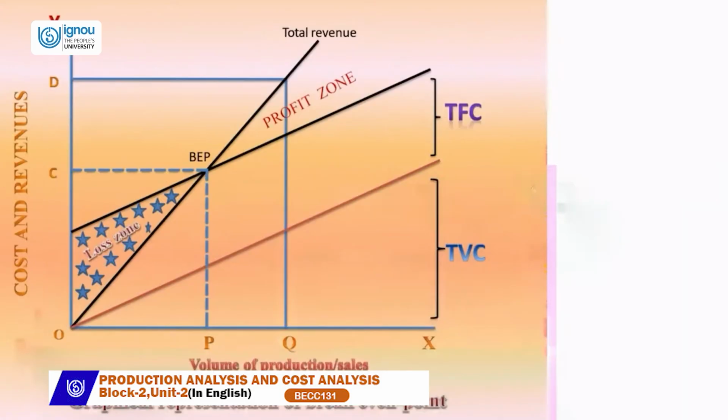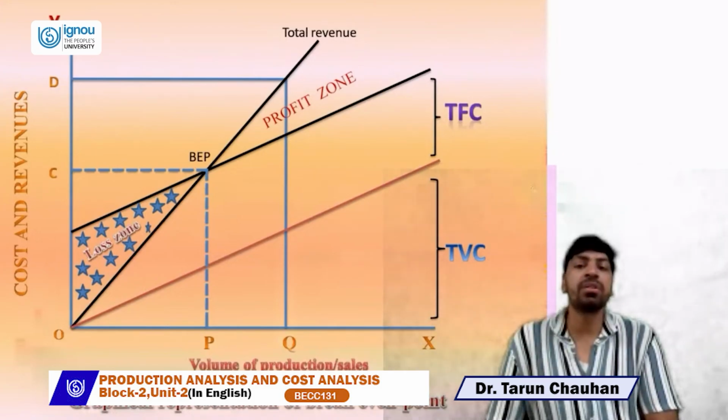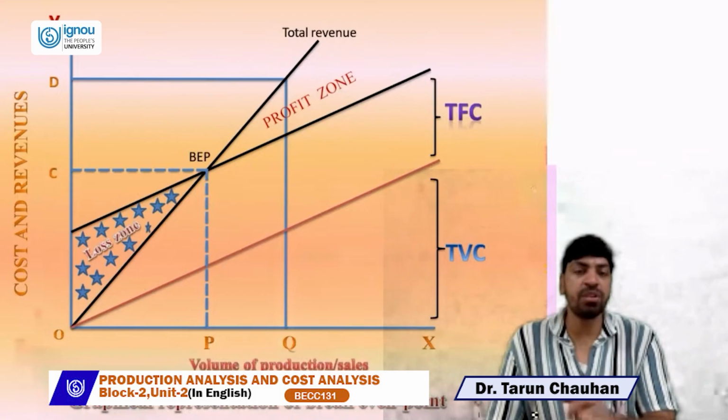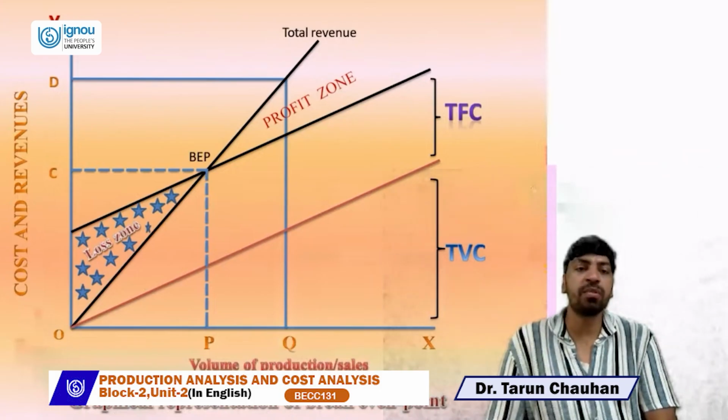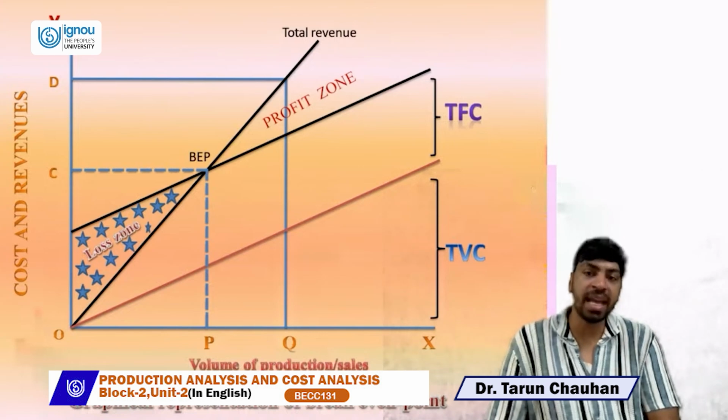So this is a graphical representation. These are the steps given to you. This is a diagram of the graphical representation of the break-even point. We see the total revenue and the total cost shown over here, beginning from the y-axis.